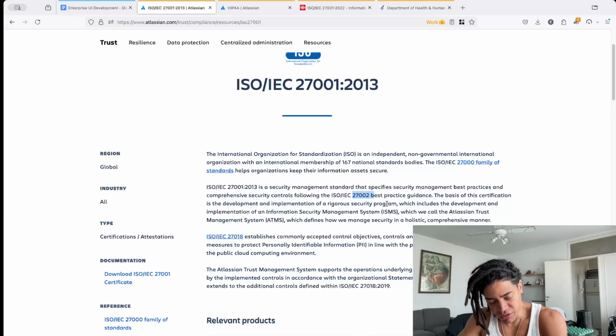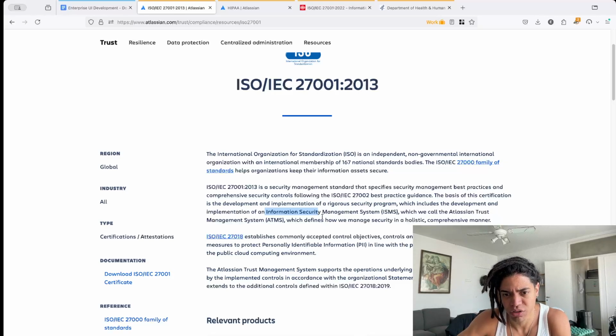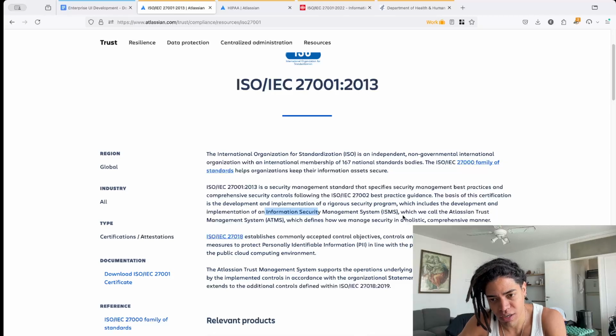So you have disciplines as a way to make your program secure, which includes the development and implementation of an information security management system, which we call the Atlassian Trust Management System. This defines how we manage security in a holistic and comprehensive manner.